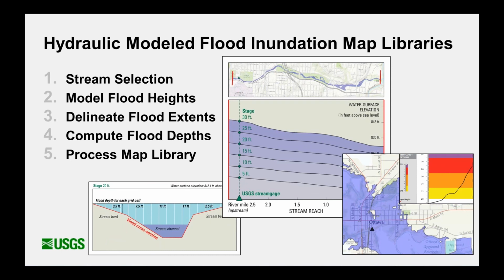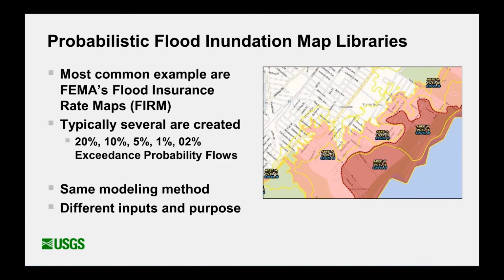Like I said, there are 2 main types. Probabilistic and deterministic flood inundation map libraries are the ones that all the CFMs are going to be exceptionally familiar with. The most common example are FIRMs. Basically, the flows or stages that you're going to choose to model are going to be probabilistically determined.